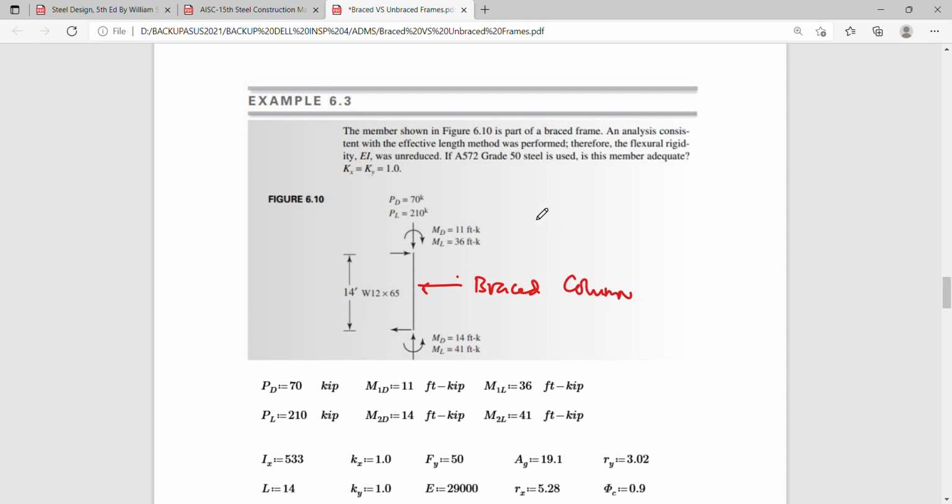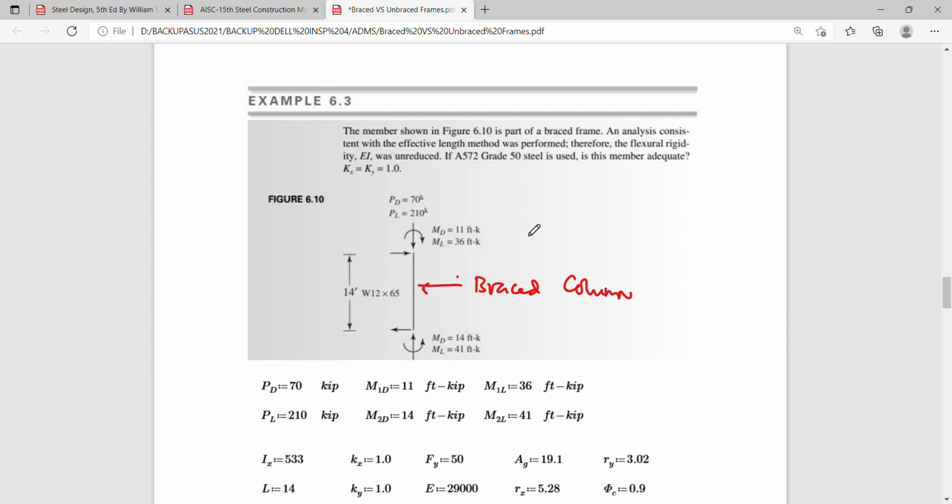So the loads that are considered are actually dead and live loads. So if this particular frame has no lateral translation, then we only become interested in the determination of the B1 magnification factor.